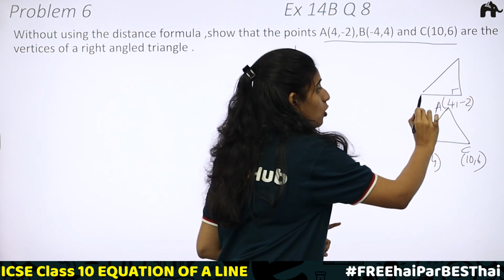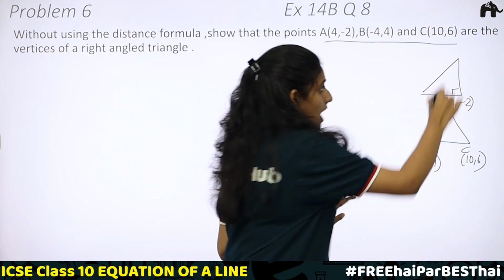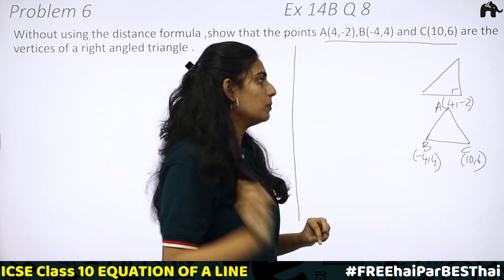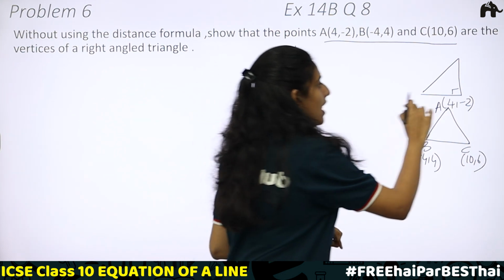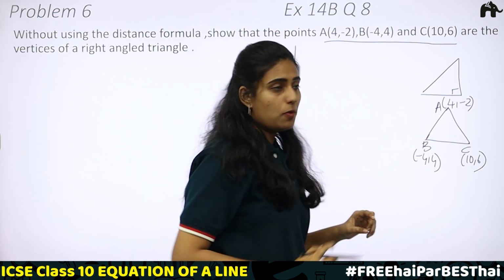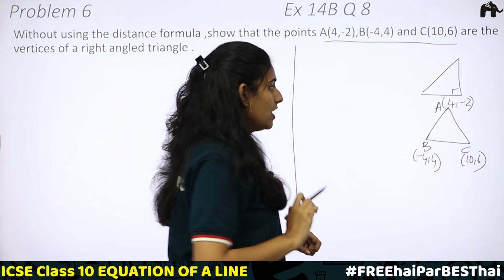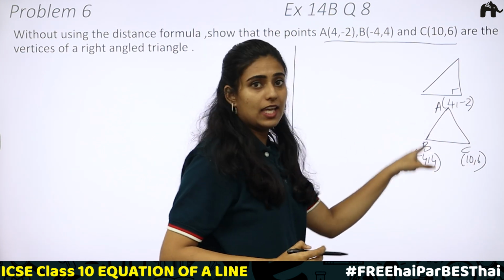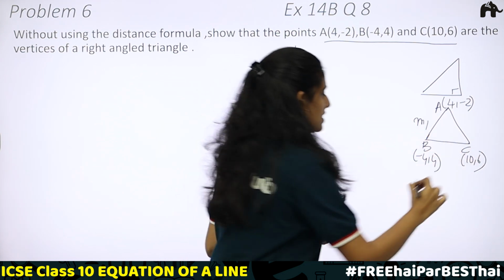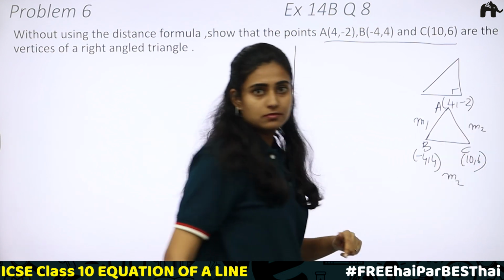Which means the slope, if you are taking the slope of this side as M1 and the slope of this side as M2, M1 into M2 should be equal to minus 1 because they are perpendicular for a right angle triangle. So by finding the slope of AB, BC and AC, we will take the slope of AB as M1, slope of BC as M2 and slope of AC as M3.